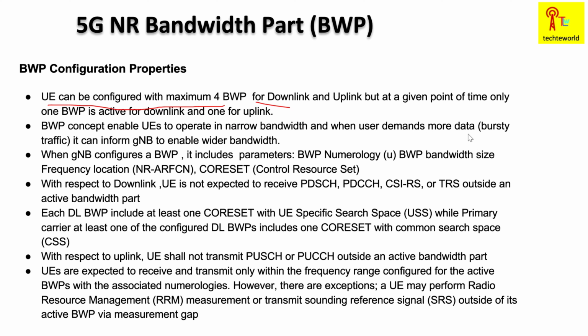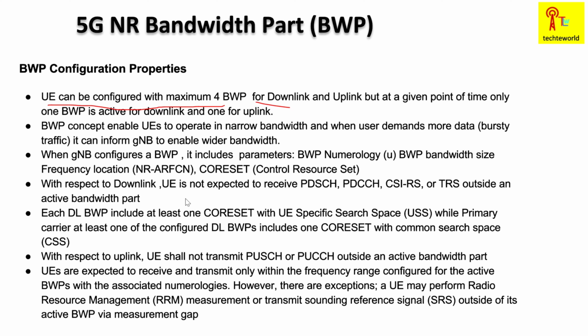Instead of covering the entire resource block with controls, we dedicate a small section in the resource block for the control channel. So this is the concept of CORESET. For now, just understand what a CORESET is. We'll have a separate discussion in a separate video.